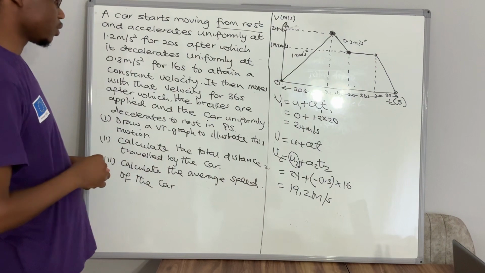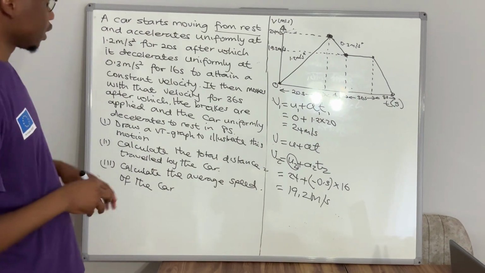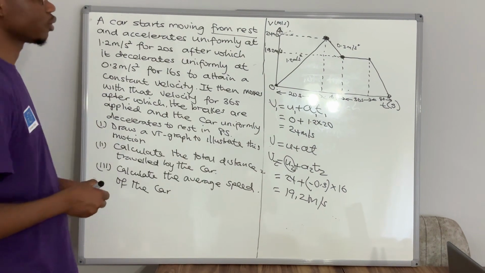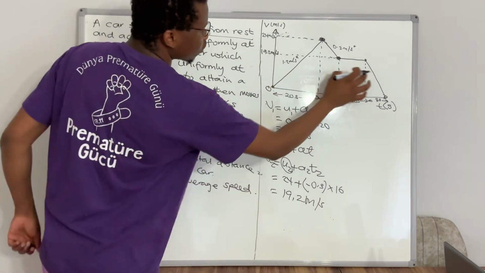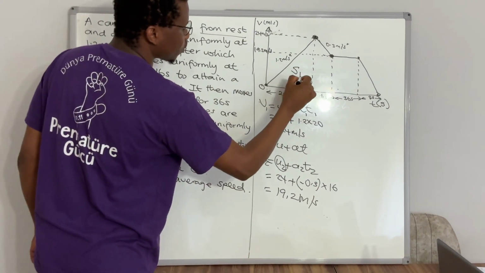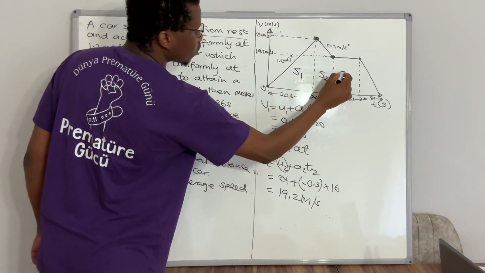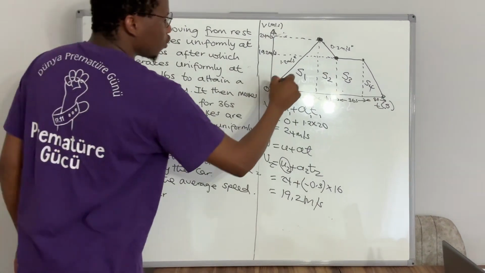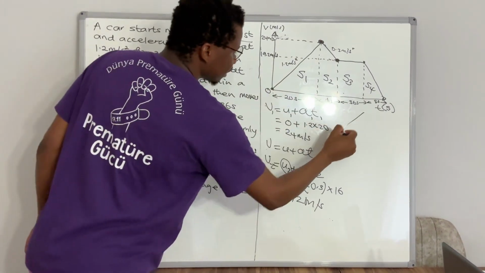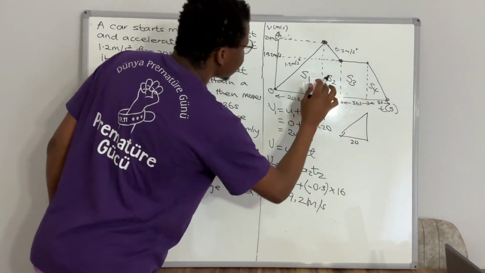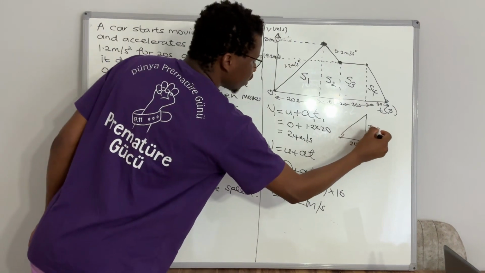All right, so what can we do? It asks us to find the total distance. If you look at this, it gives us different shapes, so we can just use the separation method. Let's call them distance 1, distance 2, distance 3, and distance 4. For this first event, it's a triangle with the base 20 and the height 24.